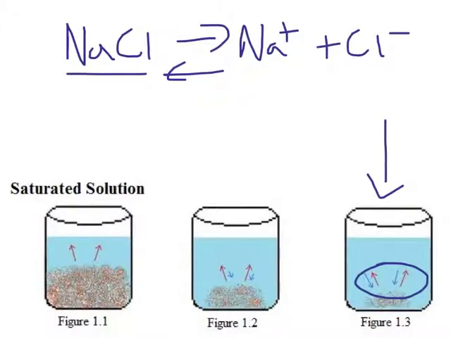That's what that means. The rate of the forward reaction is the same as the rate of the reverse reaction. This one representing the forward reaction, this one representing the reverse reaction. If those two rates are the same, then you, my friends, have a saturated solution.